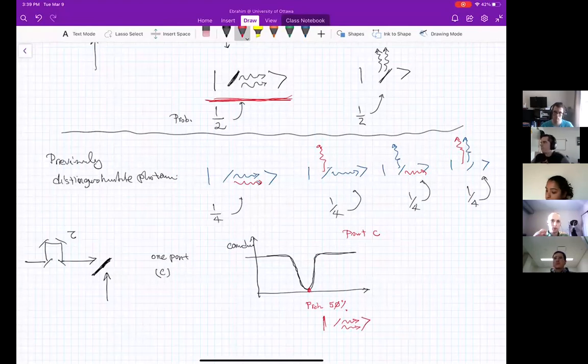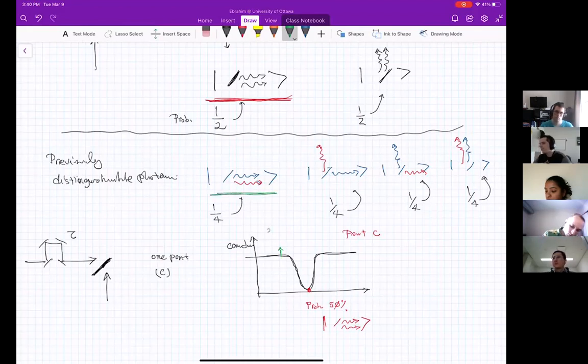Good. Let's ask someone else. Josh, can you tell me what is happening here for port C? It is not at the dip, so the 2 photons are completely distinguishable. Look at port C, right? At port C, you do have 2 photons here, right?